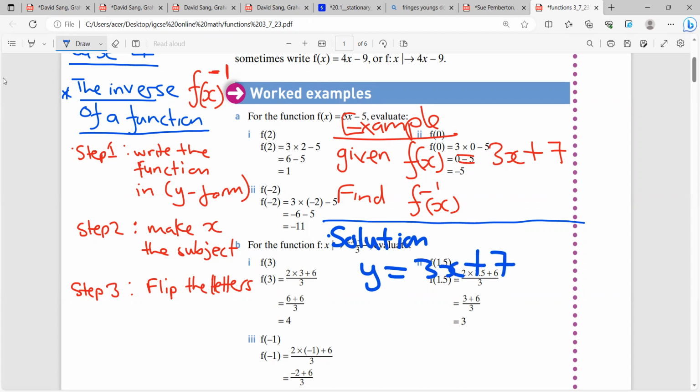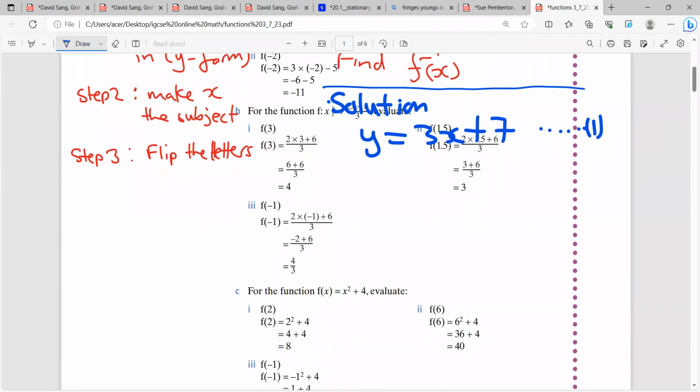That's step 1. And then step 2, what are we supposed to do? Make x the subject. Perfect. So I'm simply going to make x the subject on the right. So y minus 7 divided by 3 equals x.